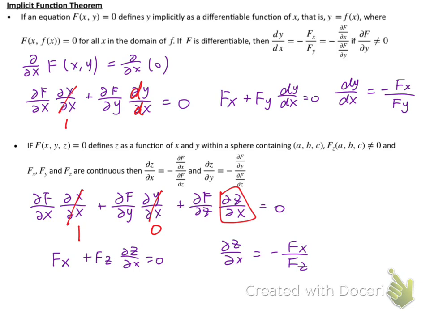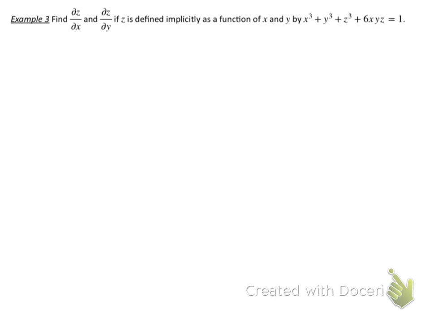Now let's see the example. You have seen this example before actually, but let's do it another way. We are in this equation x cubed plus y cubed plus z cubed plus 6xyz equals 1.